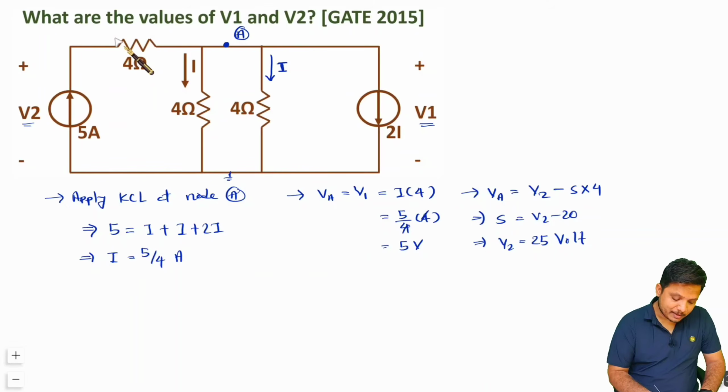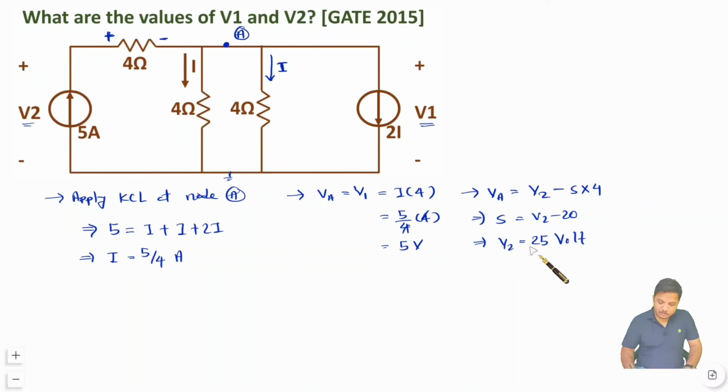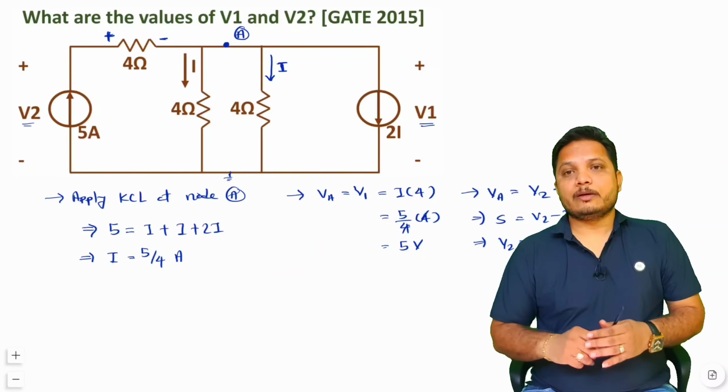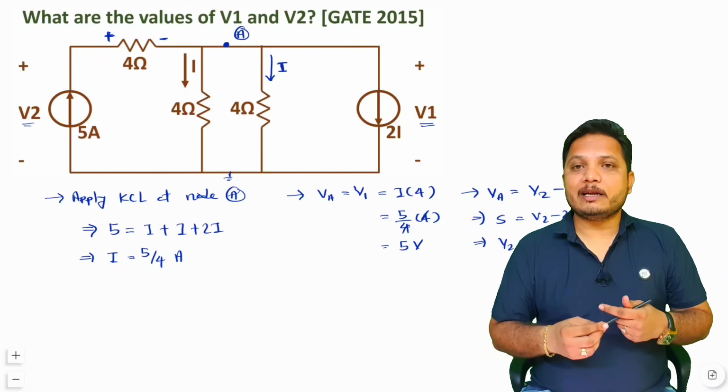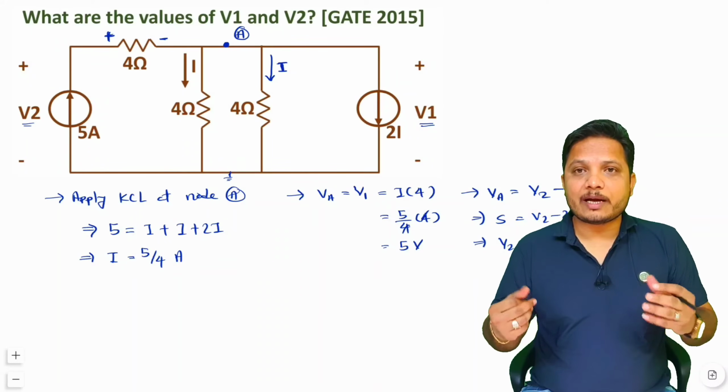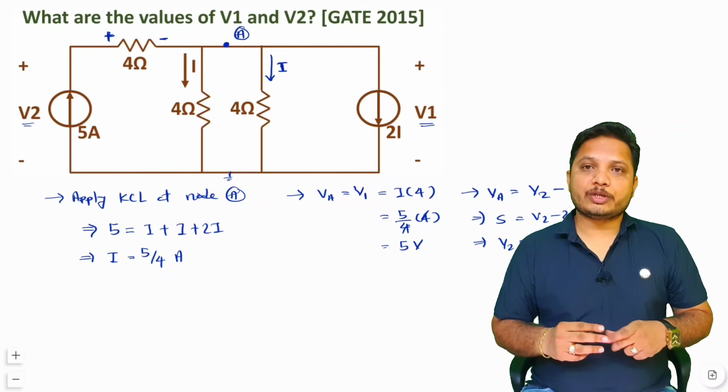So the polarity will be plus minus like this, and if you go in this direction, then VA equals minus 4 into 5 plus V2, that is how V2 equals 25 volts. So this is how we can apply the voltage divider rule and current divider rule, and that will give you an idea about how we can resolve questions.